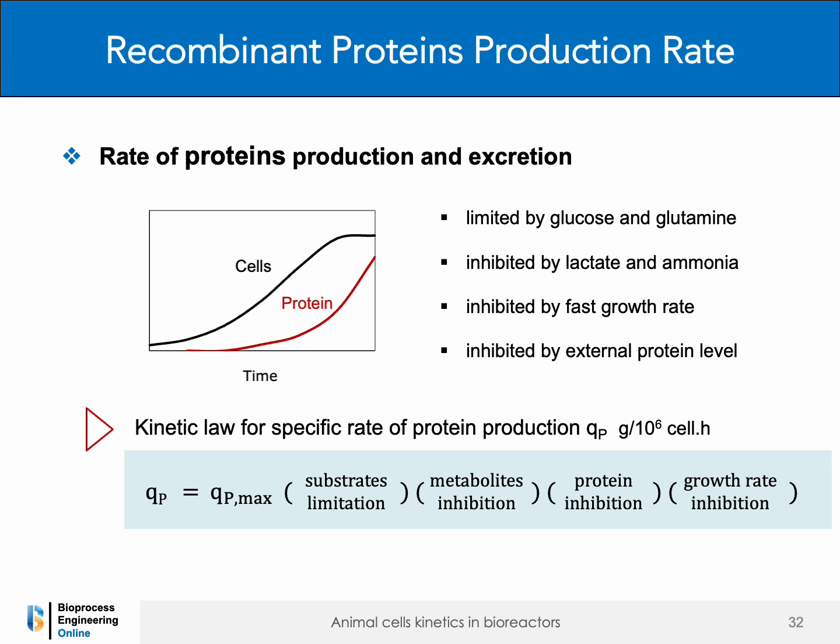To account for all these effects, the maximum specific protein production rate is multiplied by several kinetic terms describing substrate limitation, metabolite inhibition, product inhibition, and growth rate inhibition. The exact mathematical expression and the associated kinetic parameters depend on the cell line and the recombinant protein being produced.